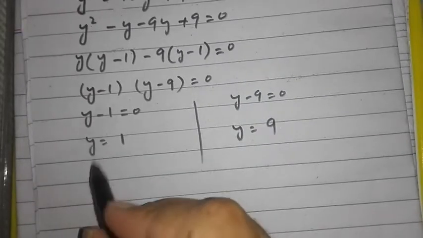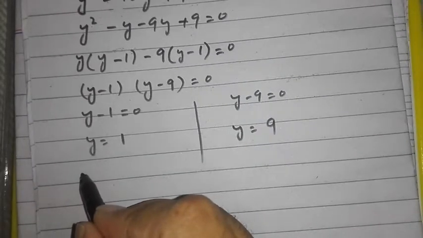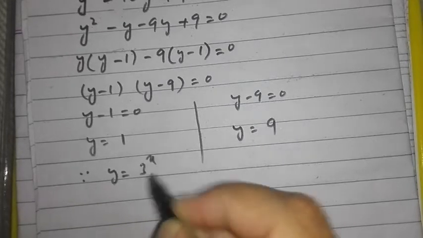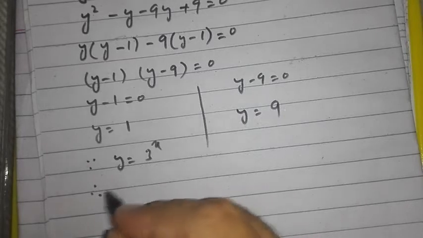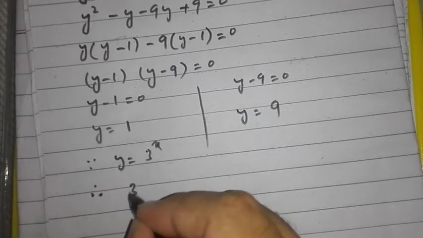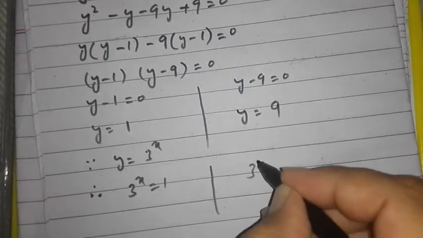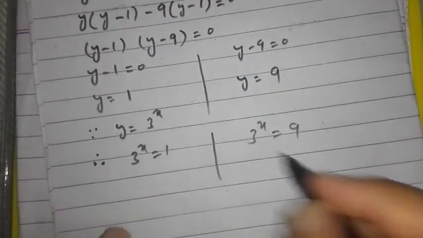So here we will put the value of y equals to 3 power x, therefore 3 power x equals to 1 and 3 power x equals to 9.